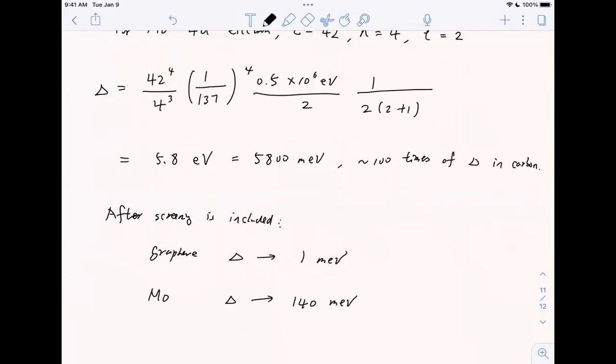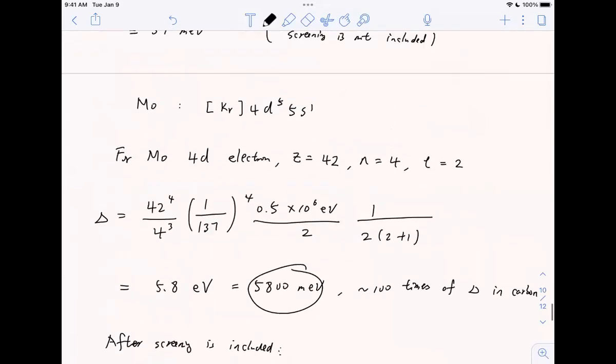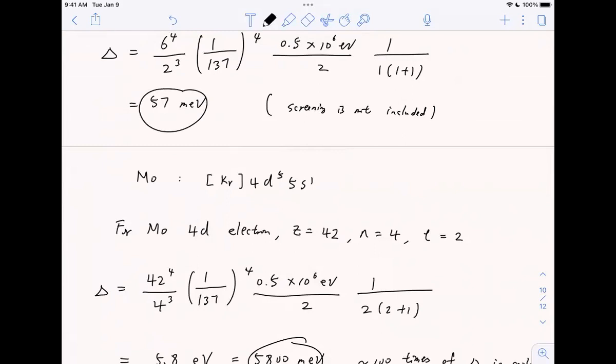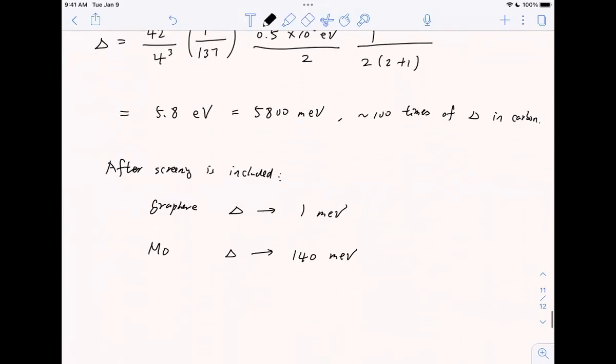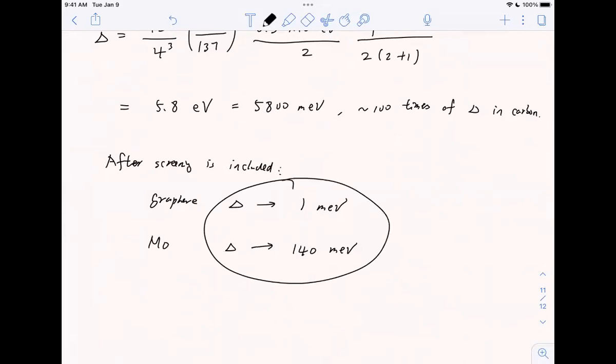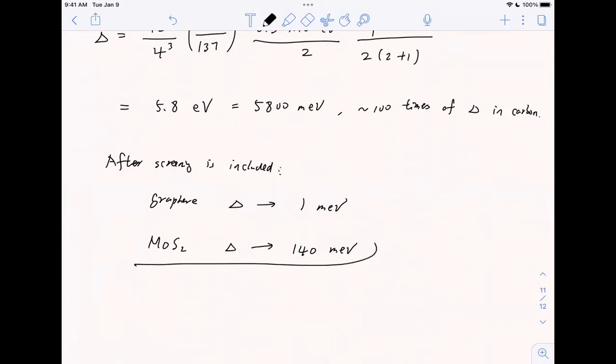So this is reduced by an order of magnitude. But you see the ratio is still about 100 times. Here you compare this to this, it is about 100 times. And after you include the screening, it is also about 100 times for MoS2. So that's why in graphene, spin-orbit coupling is negligible, but for MoS2 it is significant.